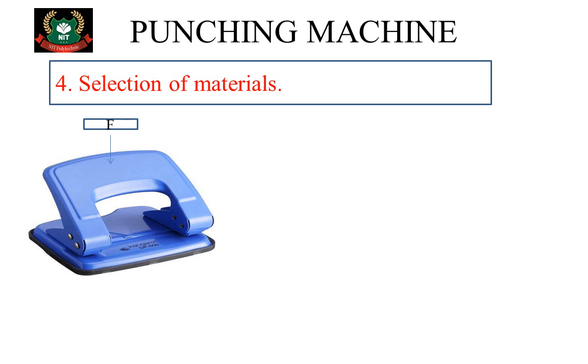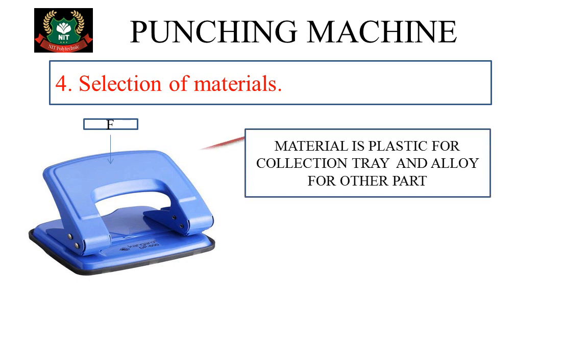The materials used for these are alloy and plastic, to sustain the various stresses acting on the machine members, as we saw in the previous slide. According to that, we select the material from design data.